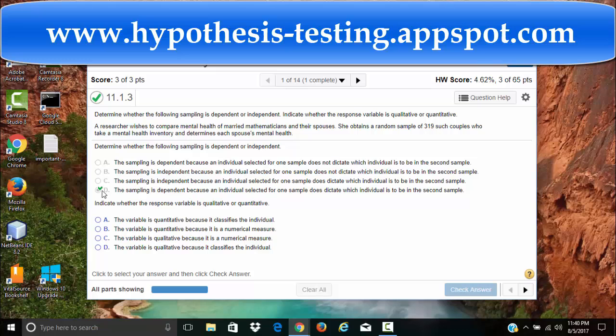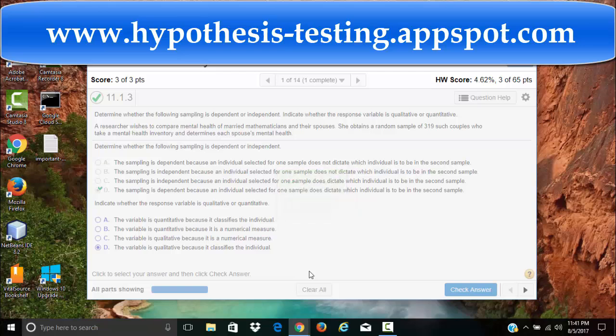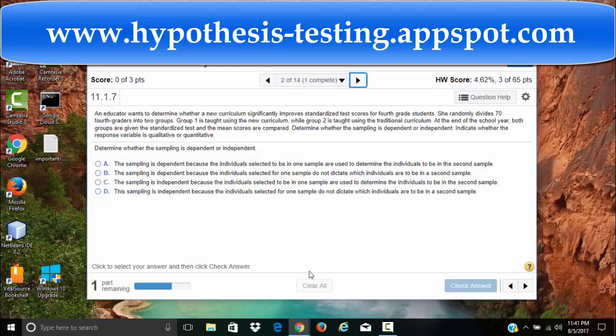Some of those factors probably are quantitative, but all in all, that inventory classifies the individual. So let's go with this option that it is qualitative, because it classifies the individual. I hope you kind of understand these explanations. If you don't understand it, just let me know.